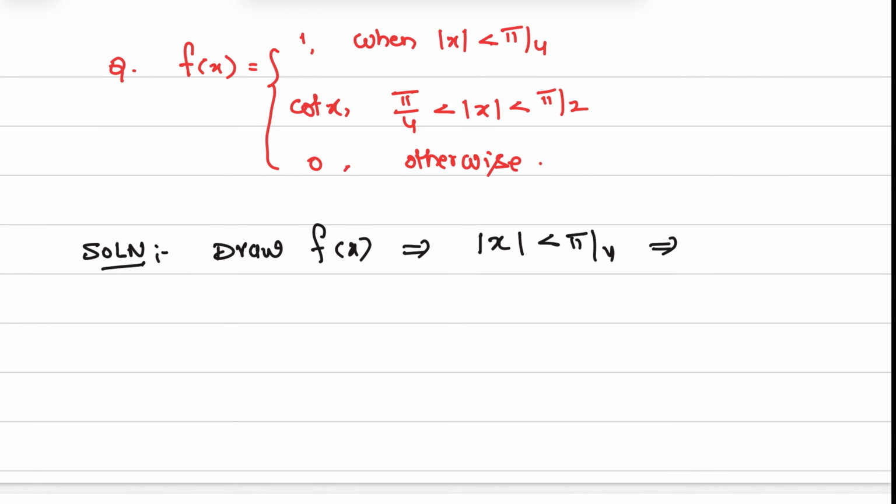It is not exactly at pi by 4, at minus pi by 4 there is a jump. That value is 1. That means, let us draw first one.